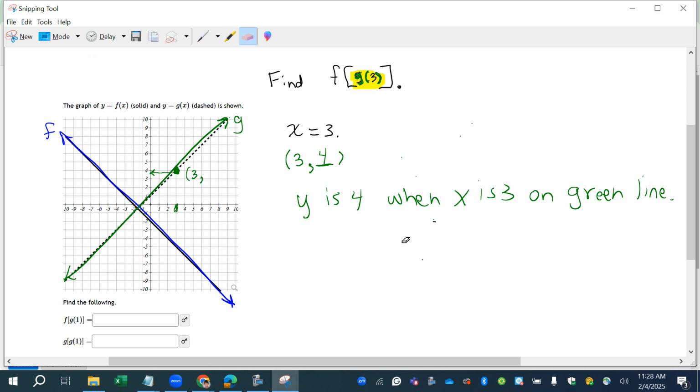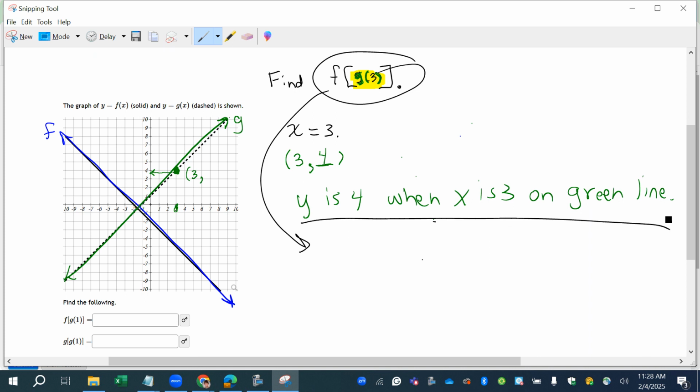Okay, now using that, we're going to rewrite this notation here with our simplified information that we just found. So now I'm going to write f of, and instead of writing g of 3 inside there again, I'm going to write the more simple version of that and just say 4.